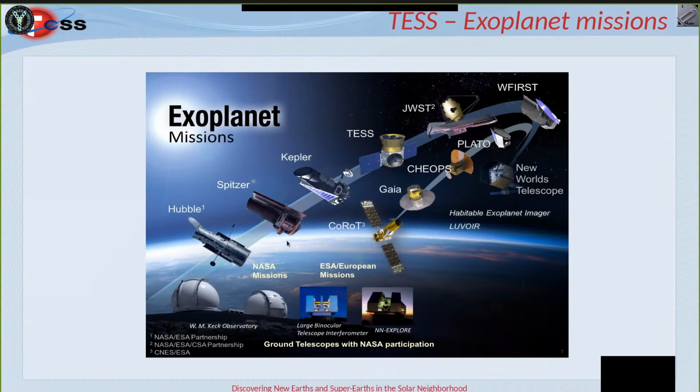And there are many generic observatories like Hubble Space Telescope, Spitzer Space Telescope, JWST, GAIA, and other instruments which are not designed for exoplanet missions, but these instruments can provide or will provide the most amount of data related to exoplanet science.